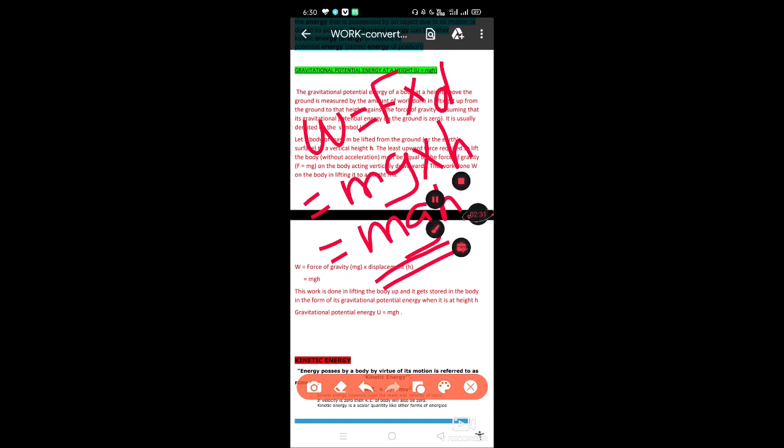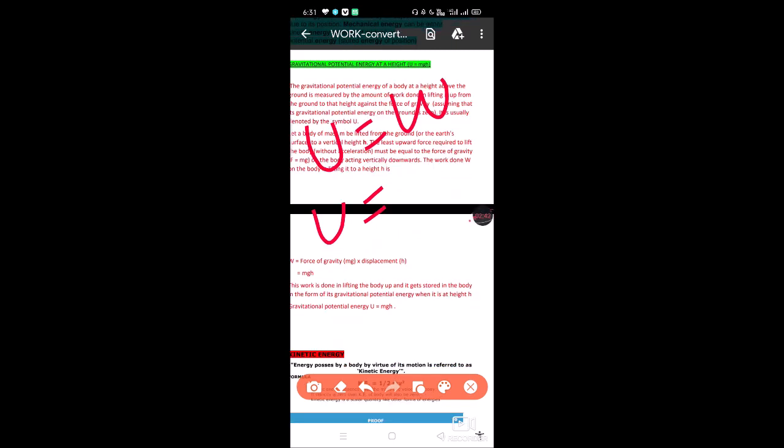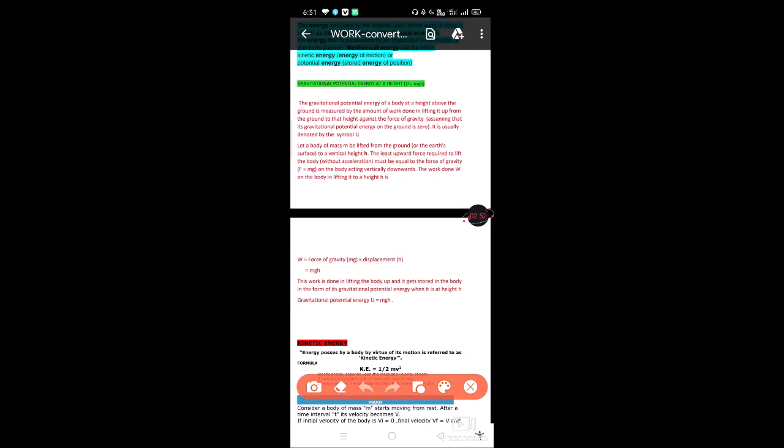So work done is equal to the potential energy of the object. Here the potential energy of the object is mgh, and we represent potential energy using the letter U. So it is a small derivation for finding the gravitational potential energy at a height h.